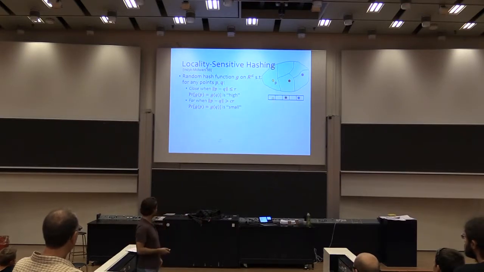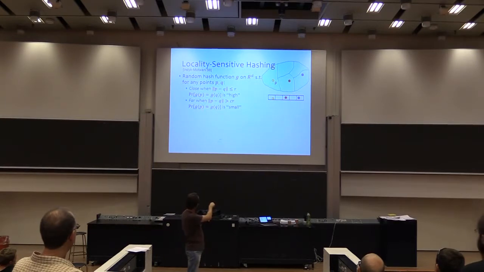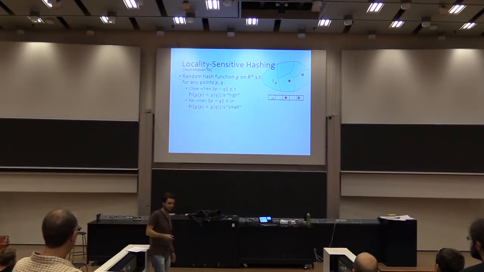Yes, you're right. So basically we just take one hash table, and we put all the data set points according to this function g into this hash table. I guess there is a minor issue: where does the function g map to? It maps to some discrete universe, and you can use, say, universal hashing, the standard hashing that Mika was talking about, to map it down into a table of size, I don't know, 10n, for example.